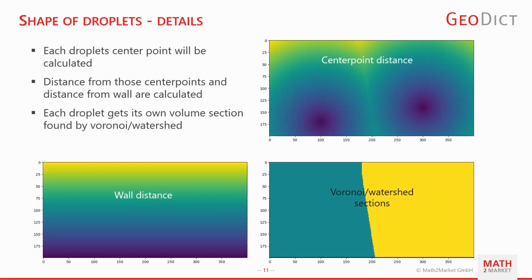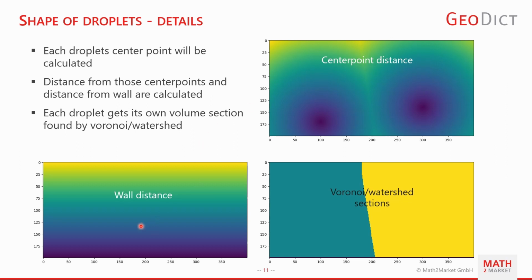Even more details on how to get these geometric operations done is given here. So each droplet center point will be calculated, and from this we will simulate the distance. So this is shown here on top right picture. You will see the center point distance.